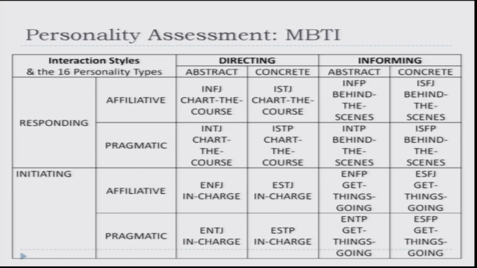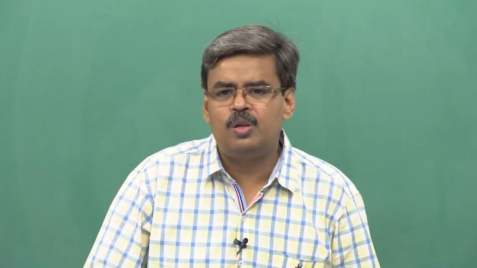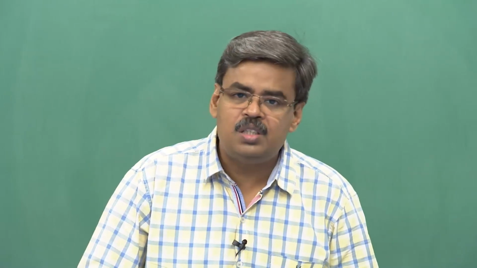Similar to the previous case, you have 4 chunks created here. The first are those who chart their course, the second are those behind the scenes, the third are those in charge, and the fourth are the get-things-going people. So, 4 different subsets, and all of them have 4 different permutation combinations. This is a very interesting test that gives you a very discrete explanation of individual characteristics you can map based on their MBTI scores. It is one of the most popularly used tests nowadays, especially in organizational setups.